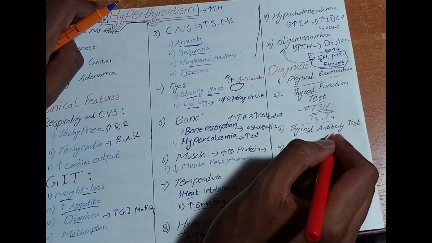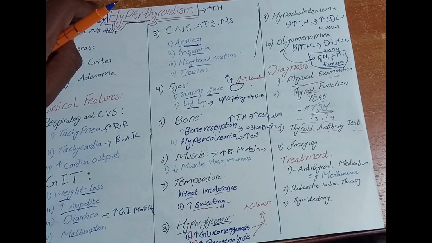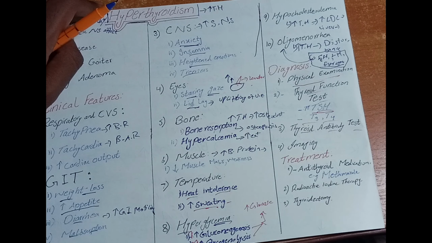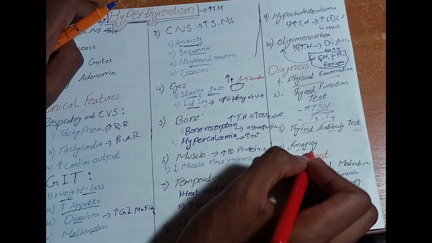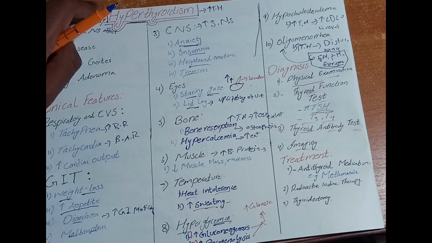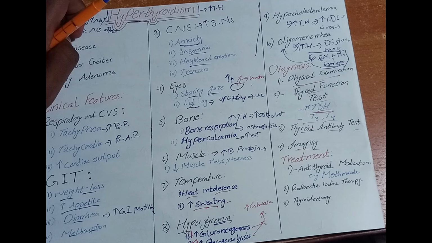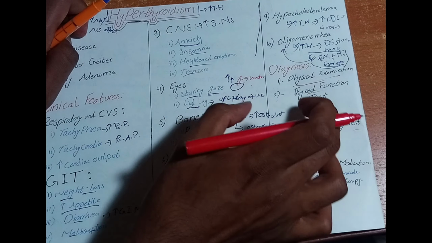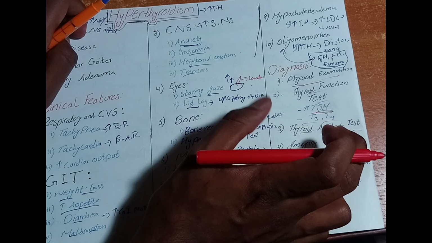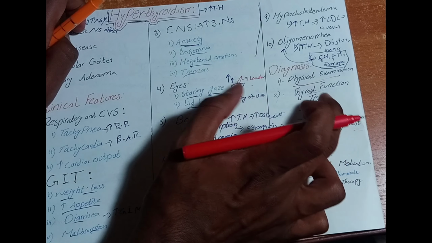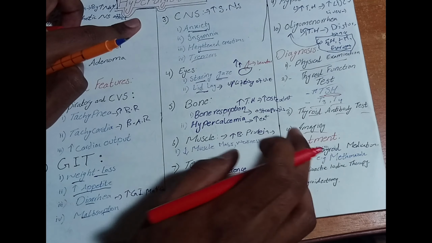With that, we can also check a thyroid antibody test, to see if any antibody is present. Or we can also do an imaging test to see any abnormality or any tumor in the thyroid which increases thyroid hormone production.